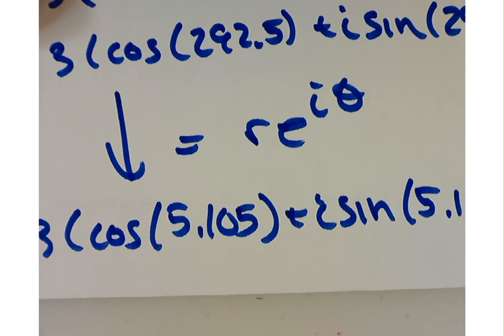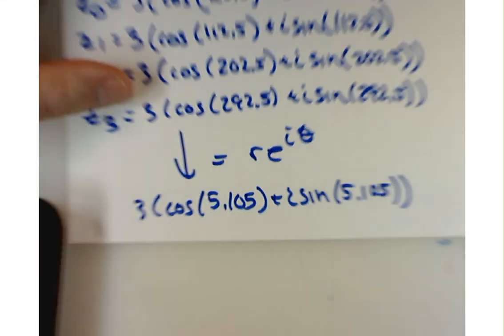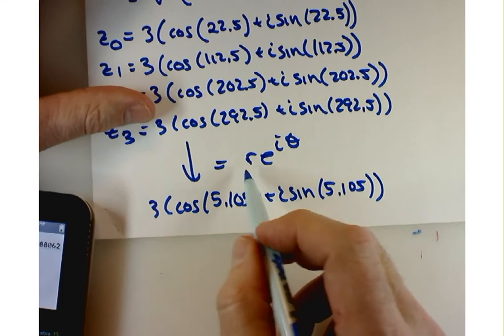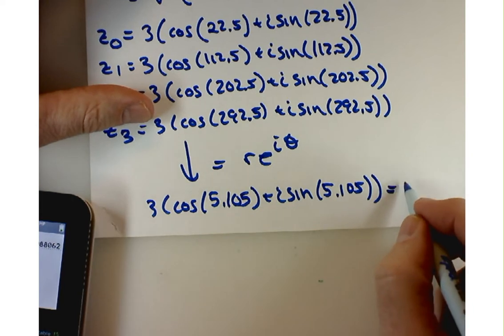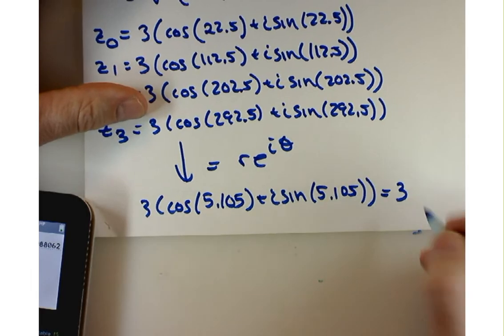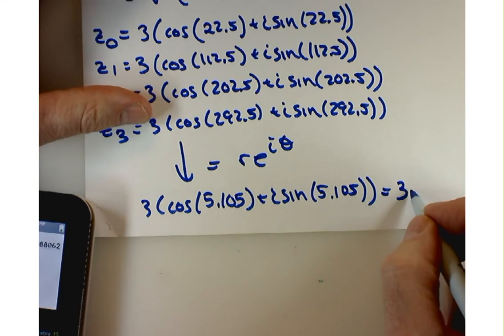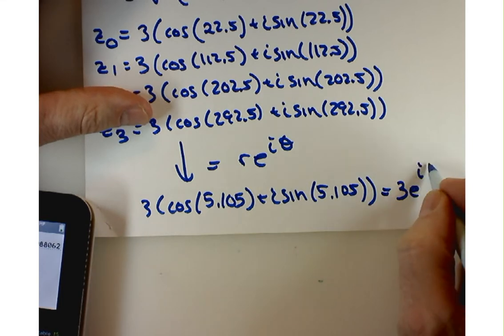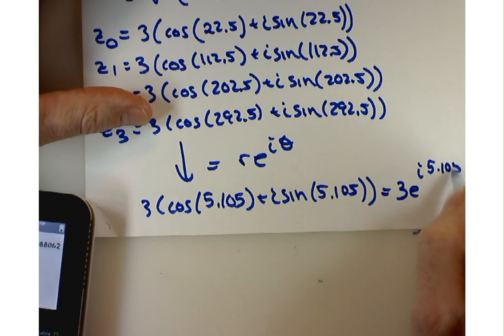Now that I've got it like this, I can easily turn this into exponential form. That would be 3 times e to the i times 5.105.